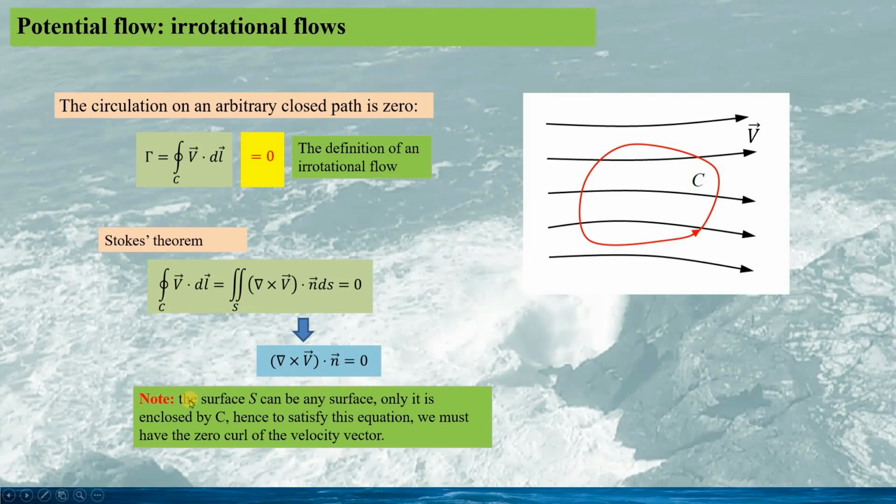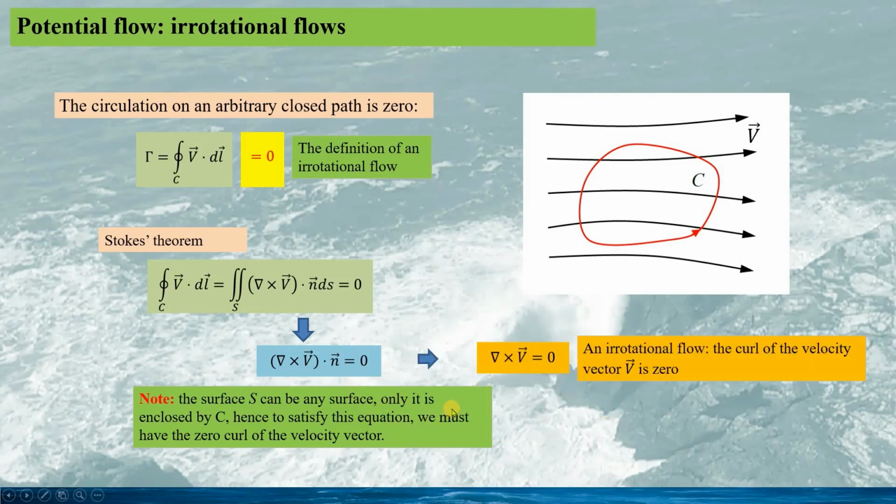We notice here the surface S can be any surface, only it is enclosed by C. Hence, to satisfy this equation, we can further conclude the curl of the velocity vector would be 0. So as such, we obtain another definition for an irrotational flow: the curl of the velocity vector is 0.